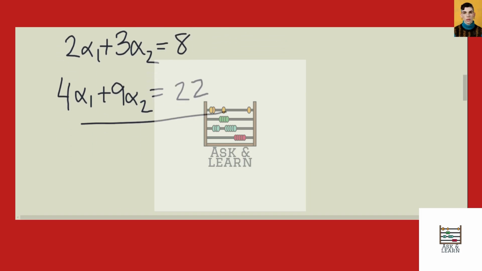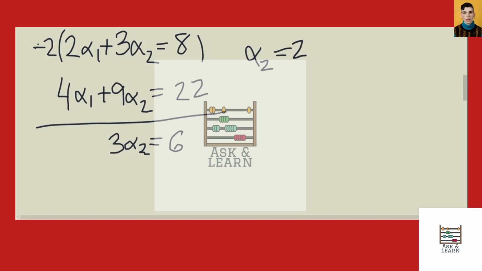And to solve this system of equations, subtract twice the first equation from the second equation. And so I get 9 alpha 2 minus 6 alpha 2, which is 3 alpha 2, is equal to 22 minus 16, which is 6. So alpha 2 is equal to 2.